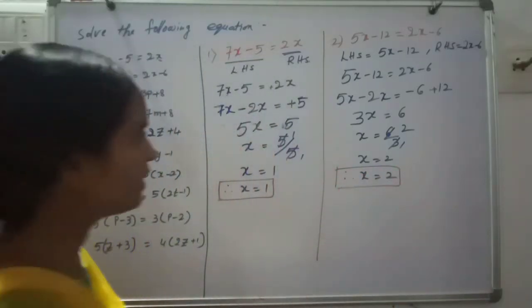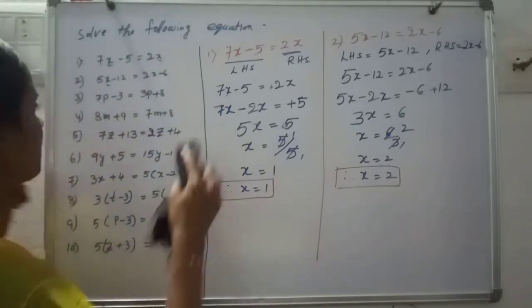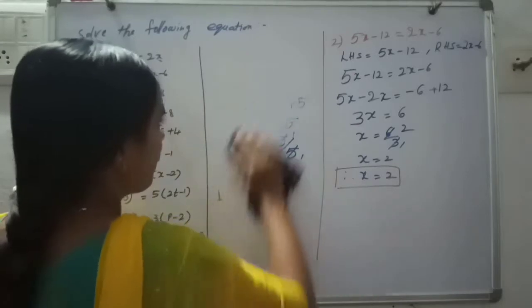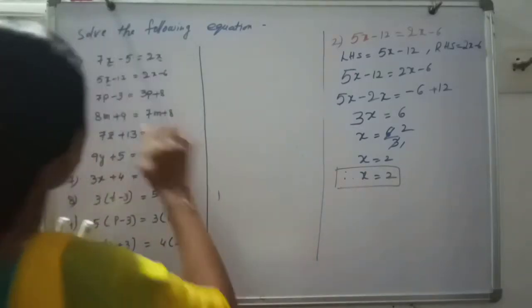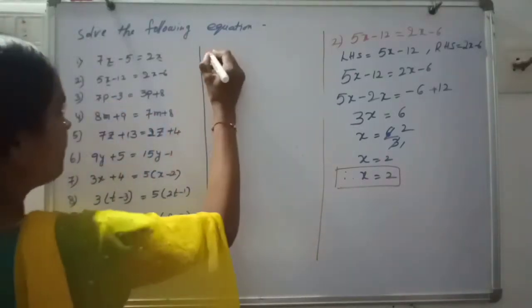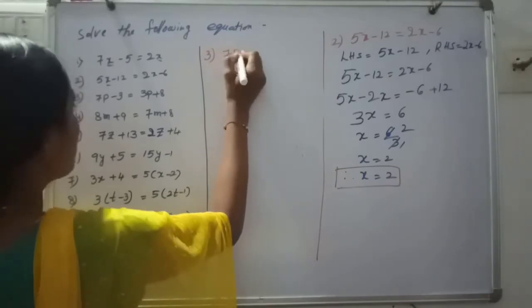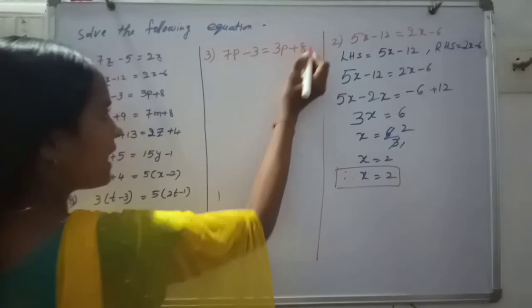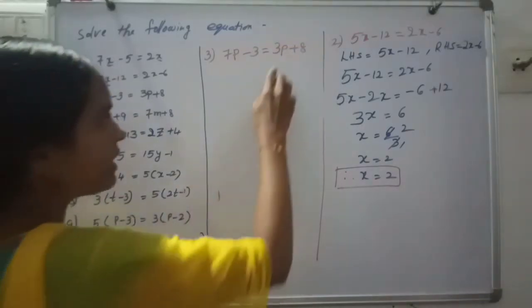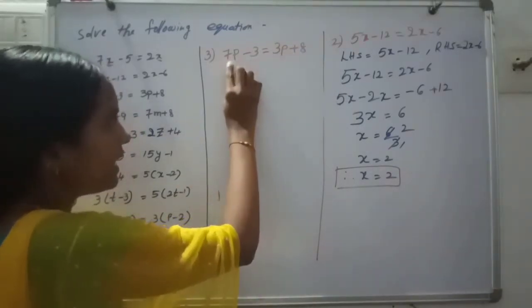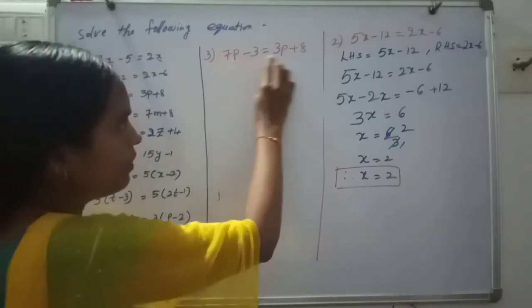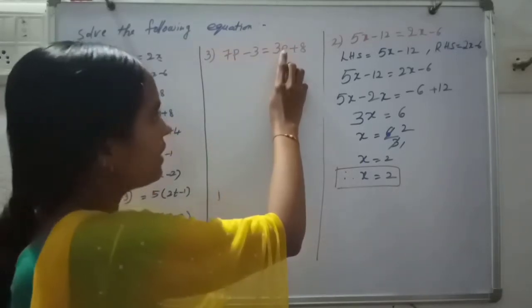Now let's see another one. Next, 7p minus 3 equal to 3p plus 8. Here we have the variable p, the LHS side has the p variable and the RHS also has variable p.